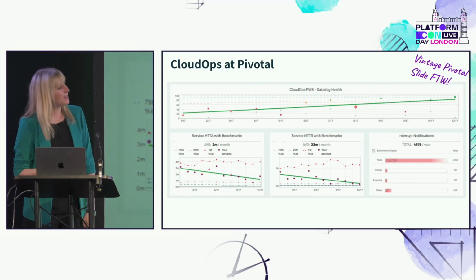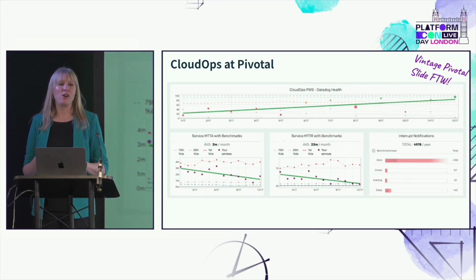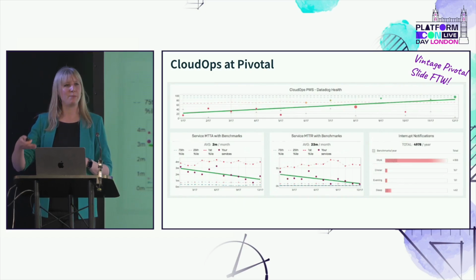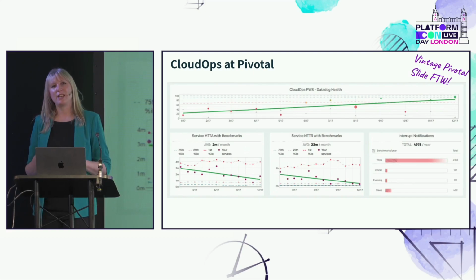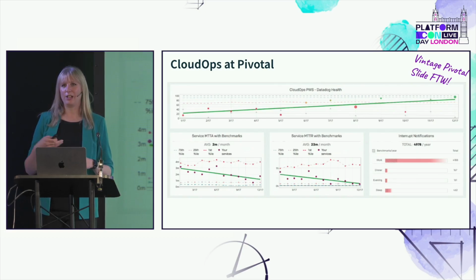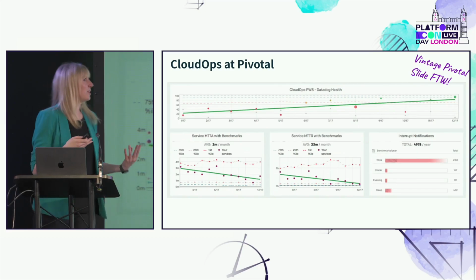But what this dashboard shows is a measure of a team's health. This is a dashboard that used to exist in PagerDuty. What it did is it pulled together and collated how many human-impacting alerts were going out. Were they going out of hours? What was the duration of them? And it collated them into a health score.